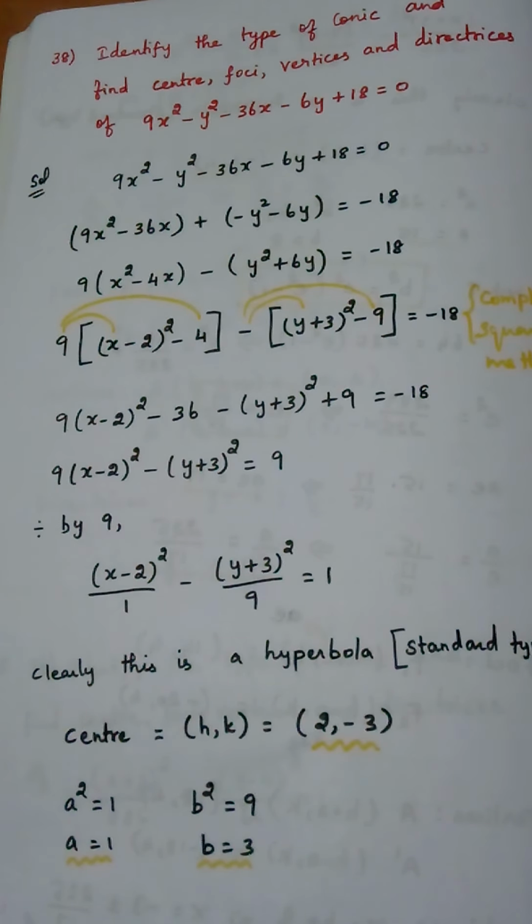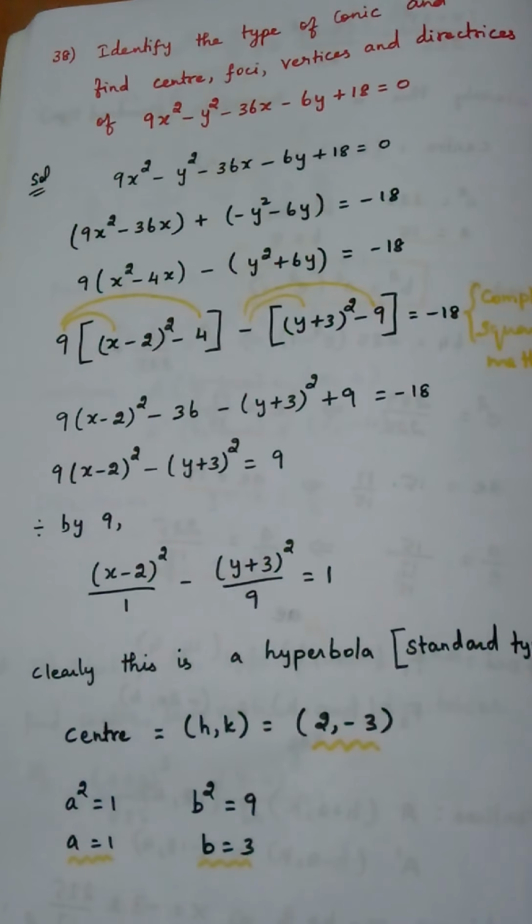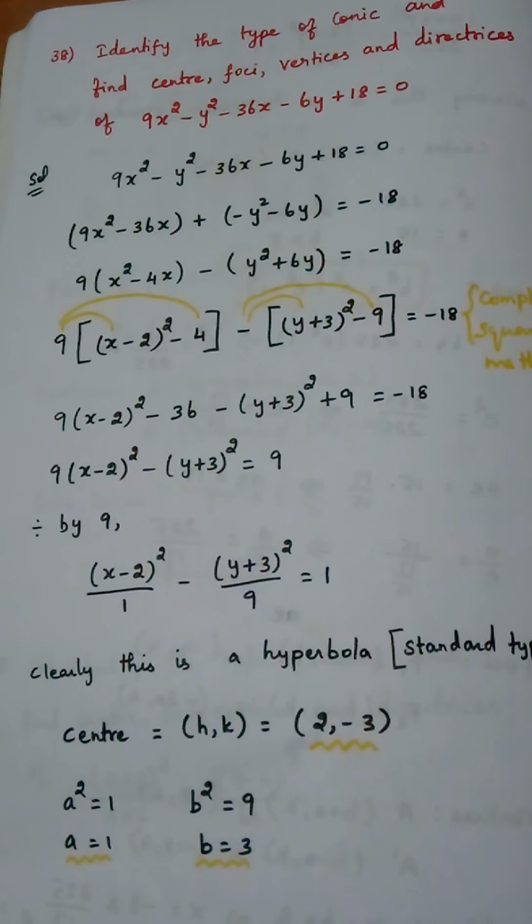In problem number 28, we wrote that it is an ellipse of standard type, but when calculating foci and vertices, we used a non-standard type formula. So I want everyone to change it. In problem number 28, while calculating foci and vertices, please use the formula for standard type and change the answers.